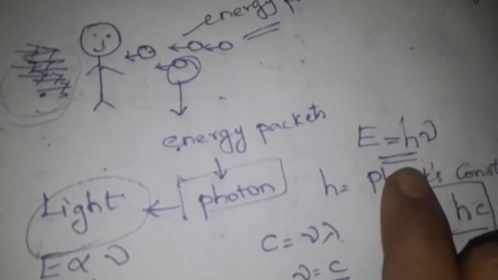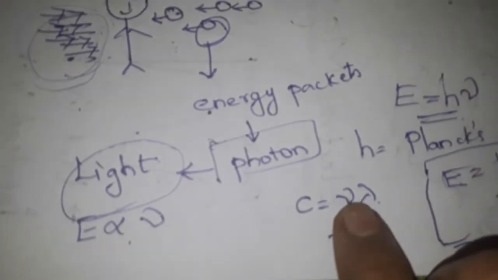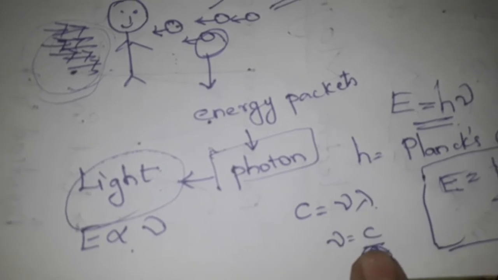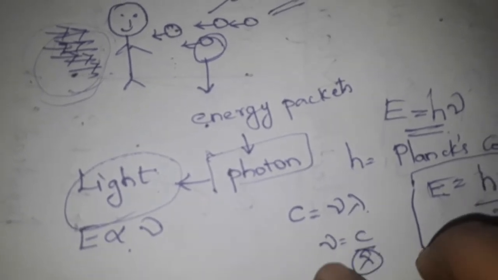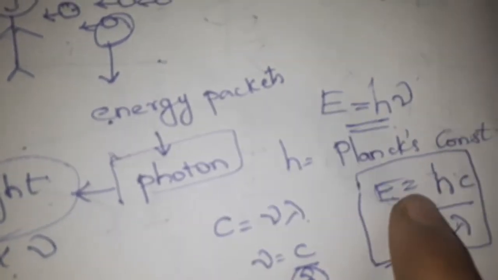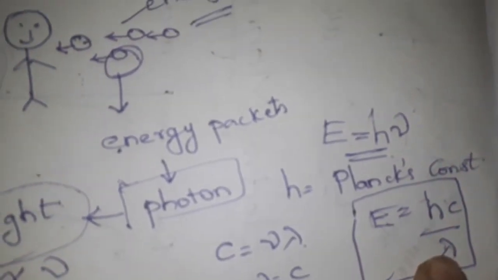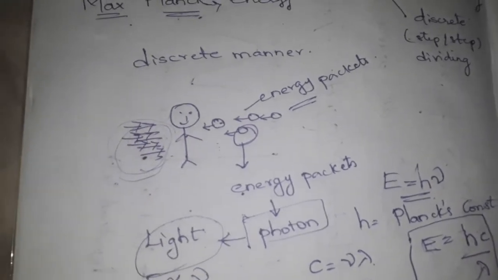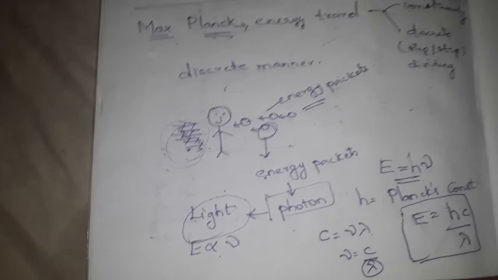As we already know that c is equal to nu lambda, then nu is equal to c by lambda. Substituting the value of nu in this equation, E is equal to hc by lambda. I hope you all have understood till here.